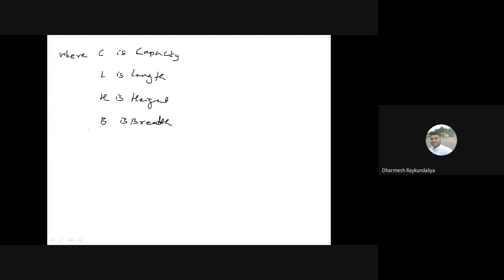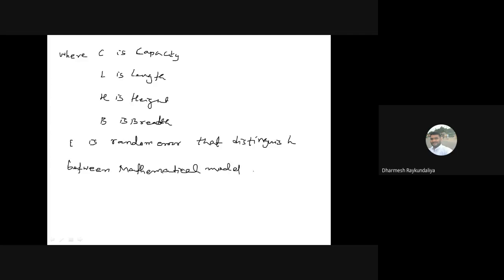Okay, and epsilon is the random error that distinguishes between the mathematical model and the statistical model.